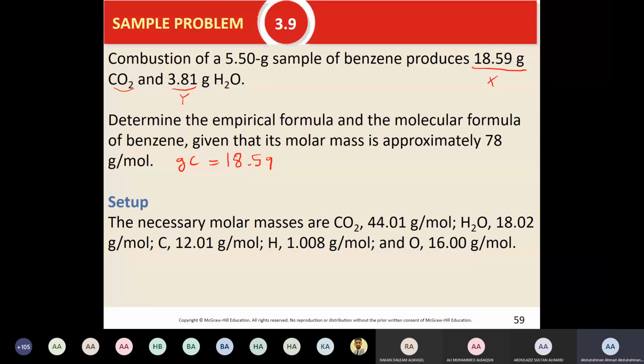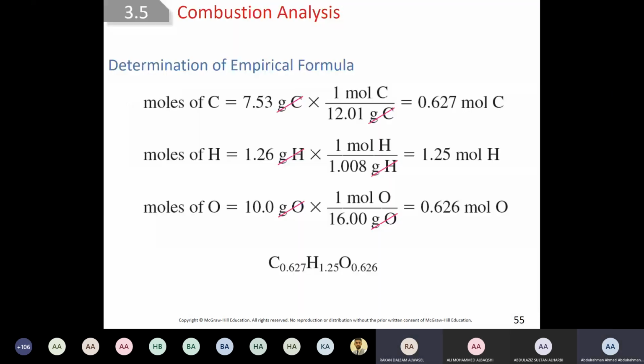Now, if I have 18.59, how can I find how many grams of carbon do I have? What should I do with this? Multiply by number of moles. Yes. I already did this for you.